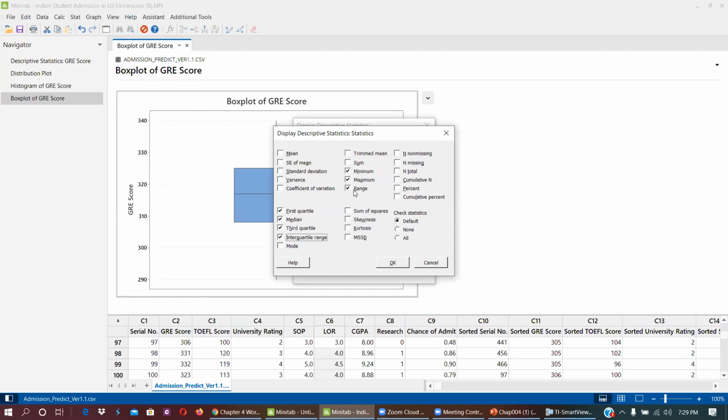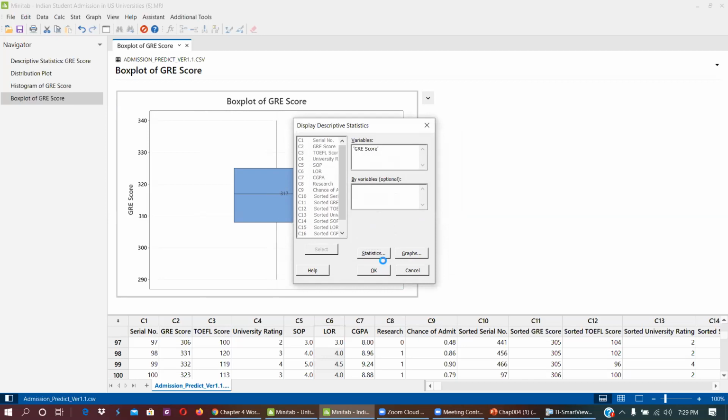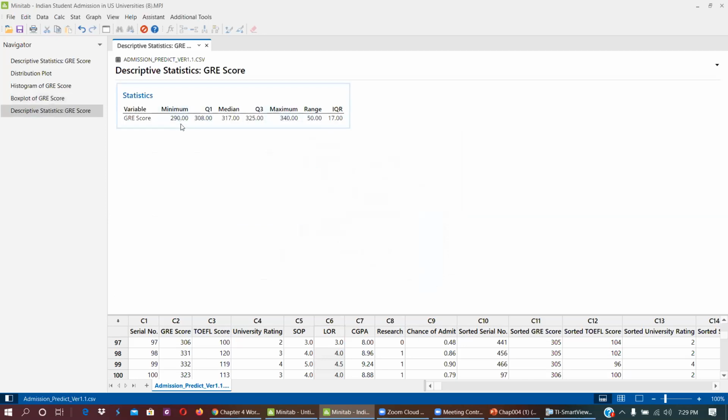Minimum, maximum, and range. Okay. So look into that. Minimum is 290, maximum is 340, Q1 is 308, interquartile range is 17. So whatever we studied can be done right here.